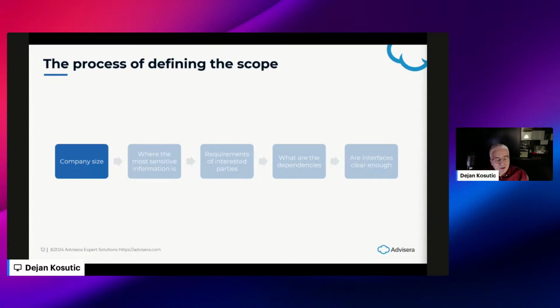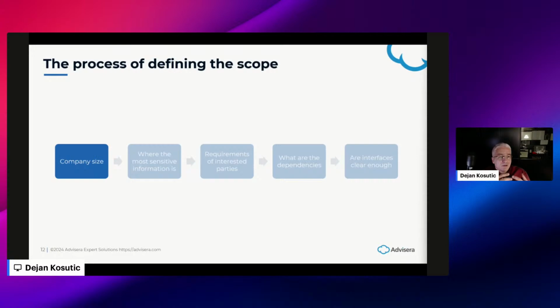Now, why is this so? Because, let's say that you have 45 employees, and you want to define the scope for only 20 of those employees, and keep 25 employees outside of the scope. You will have to think very hard about how to define these dependencies and especially interfaces in such a small company.